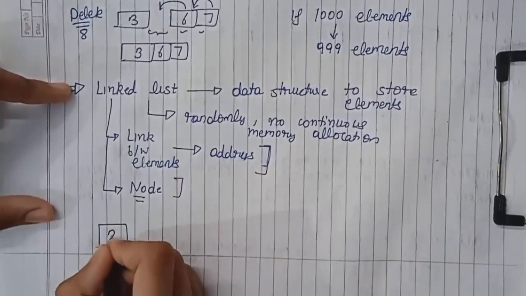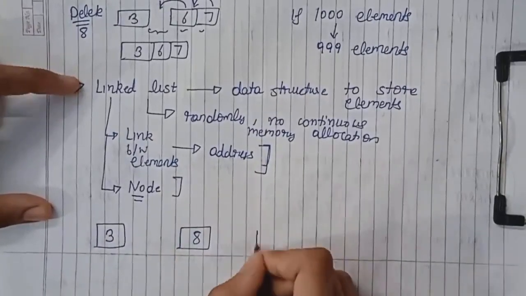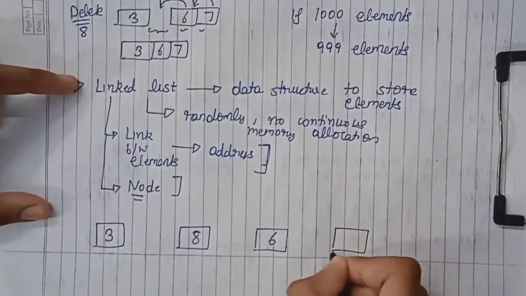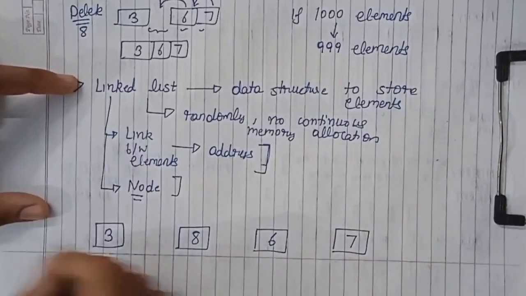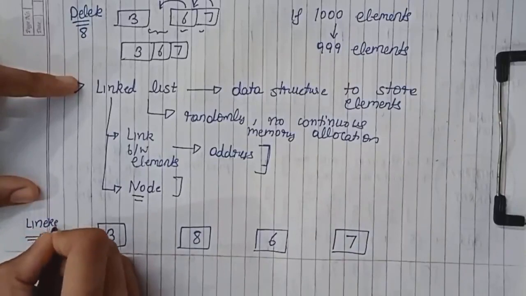Here I have 3, here I have 8, here I have 6, and here I have 7. We know that these elements are part of a linked list.